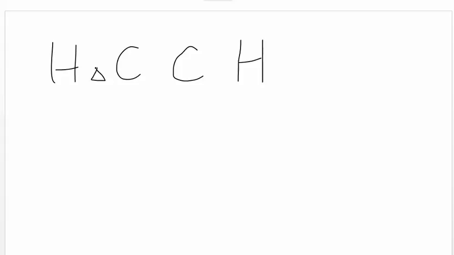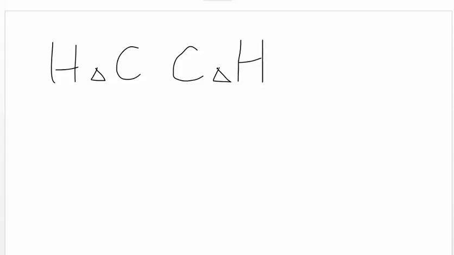The next structure, H2C2. We know H has to go on the outside. So the order is going to look something like this. We've got the 2 carbons pretty much in the middle. We're going to start from the outside and work towards the middle. Hydrogen has 1. We're going to put that 1 right there, and we're going to put the other hydrogen right there.